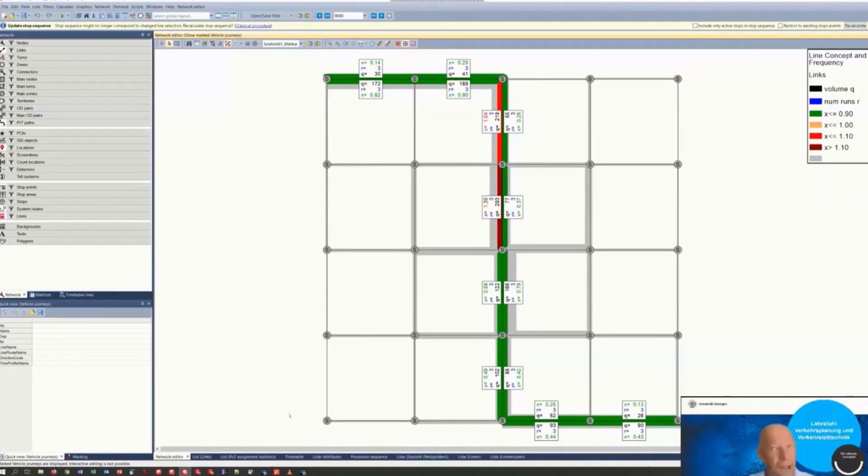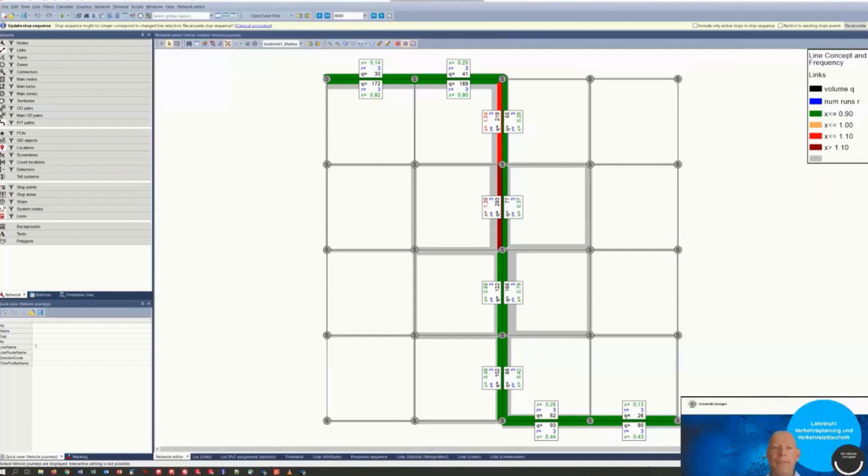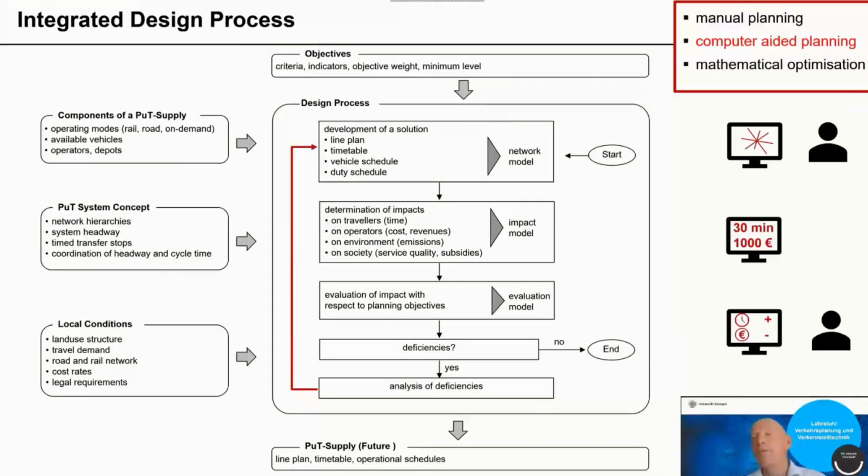So it's manual work, and this is why we are looking for methods making that easier for us, providing us with solutions that are not man-made but supported by an algorithm. So that is a first idea to show you what I mean by talking about computer-aided planning.